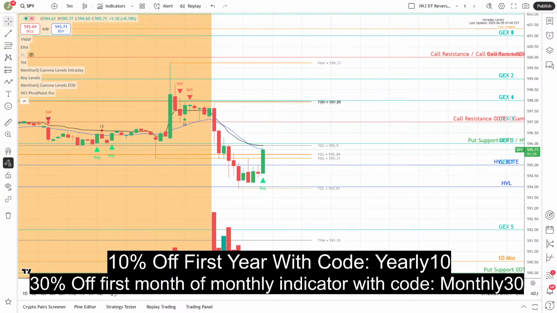We are coming into the 21, so I would expect a little bit of a pullback off of this level. They need to push through it just a little bit. We're at 207 right now.